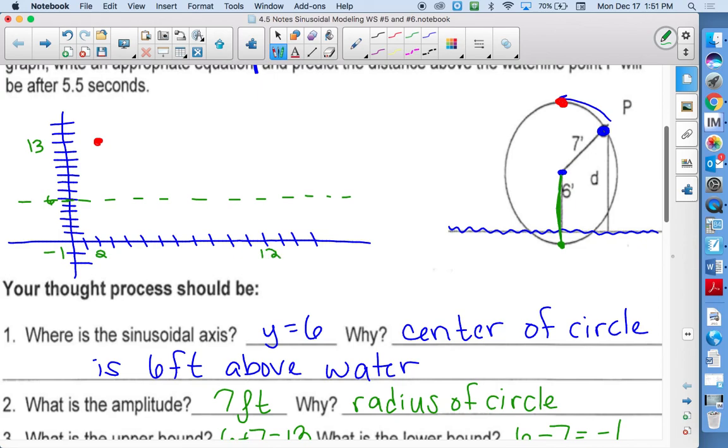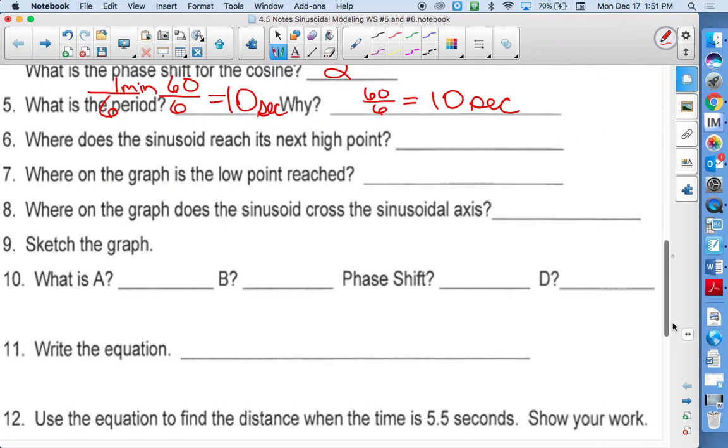So at 12 seconds, we're now at the highest point again. And that's just by adding your period to the initial amount. So we started at 2, we added 10, we now are at 12.